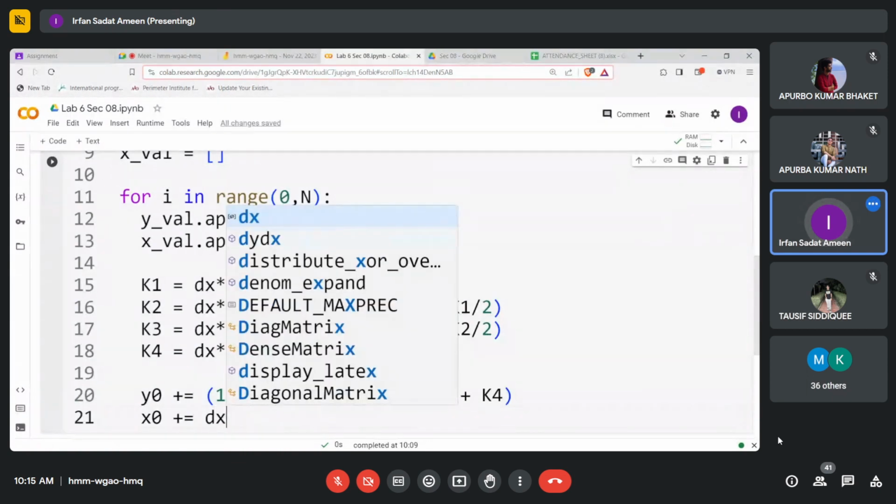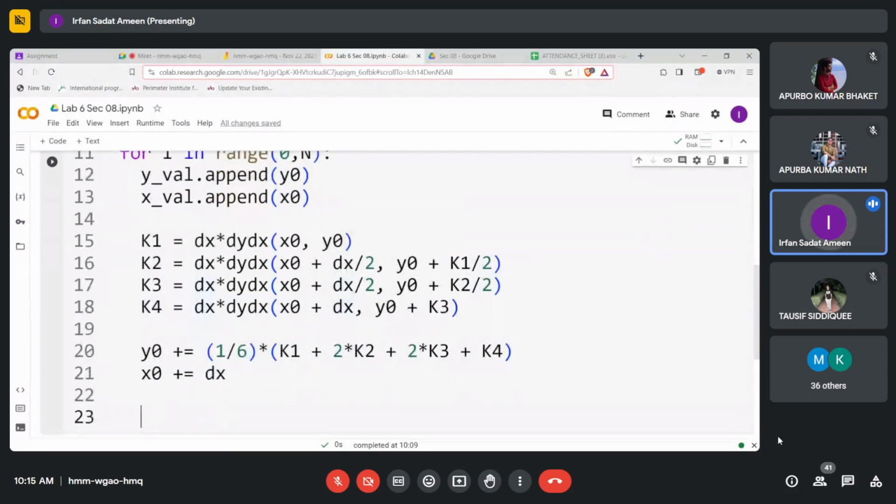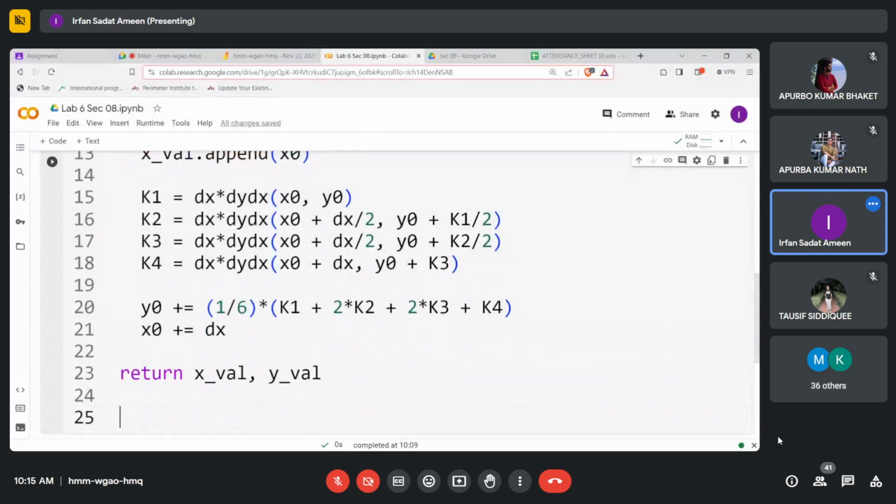This is the end of the loop, update all done, and then every time it enters the loop it will first append and do those things again. After this is done, we will return x val. So I forgot what our function was.